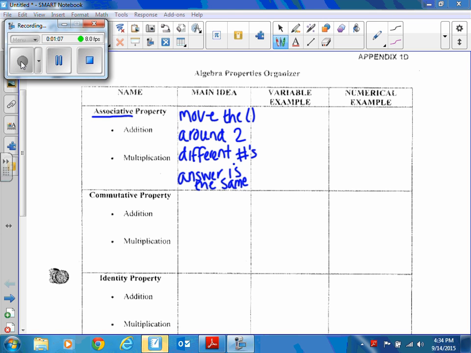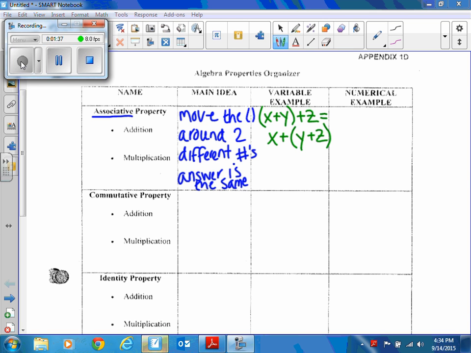So let's look at a variable example. Let's say we have (x + y) + z, and that's equal to x + (y + z). So if you think about it, first you're associating x and y together, and then it's moving and you're associating y and z.